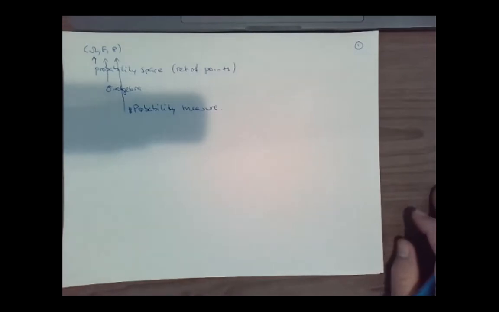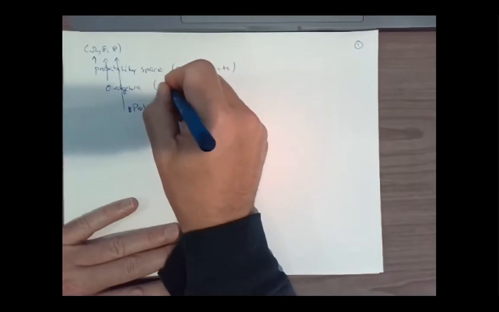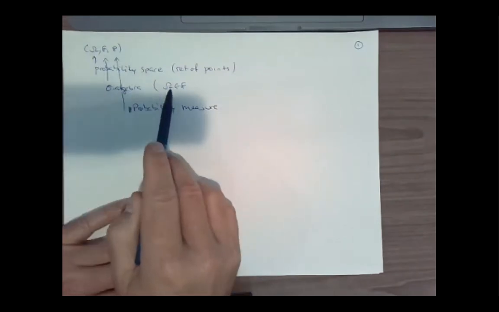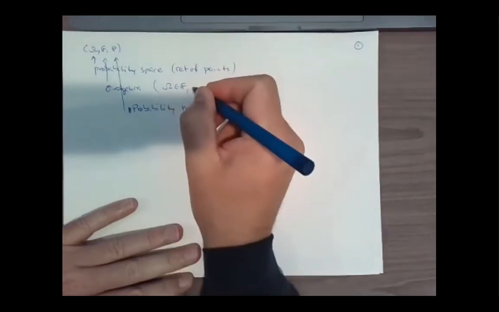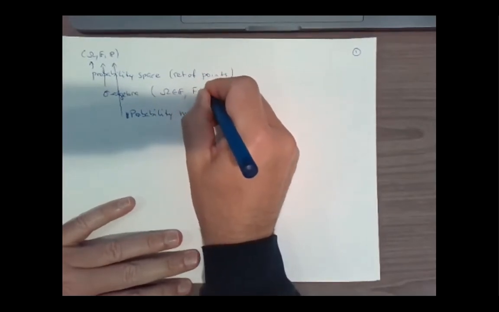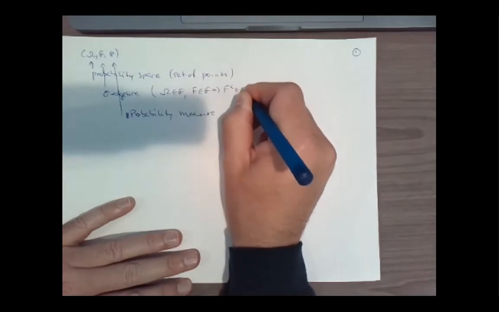This is called a probability space, with F its sigma algebra, and P this probability measure. And a sigma algebra, remember, has properties like omega is in there, so that the space itself is an element in F. If we take a set in there, we also get its complement in there.